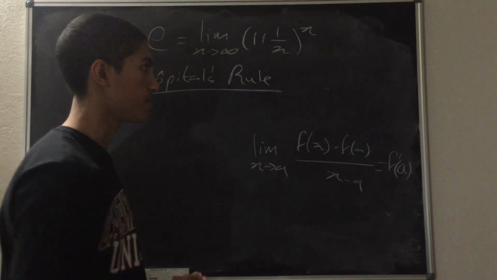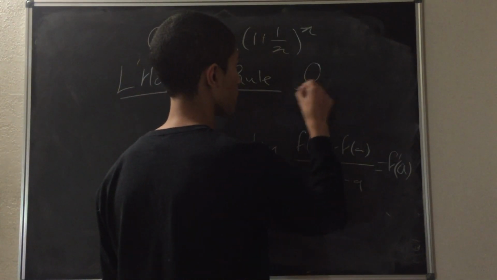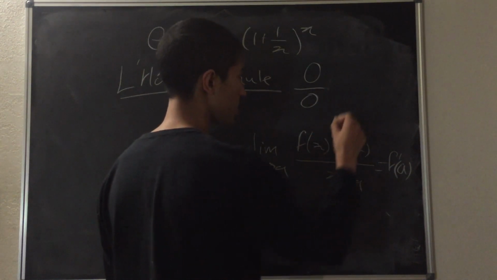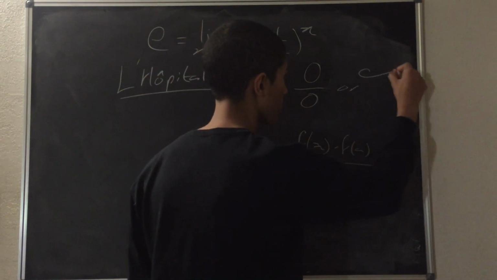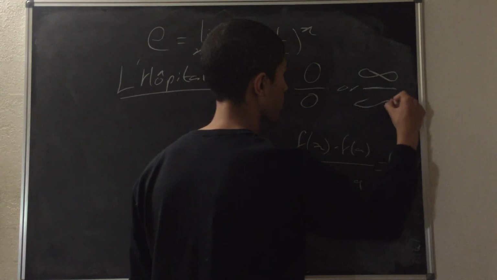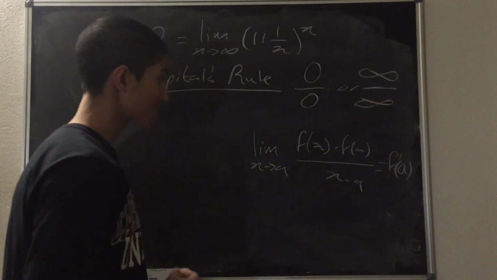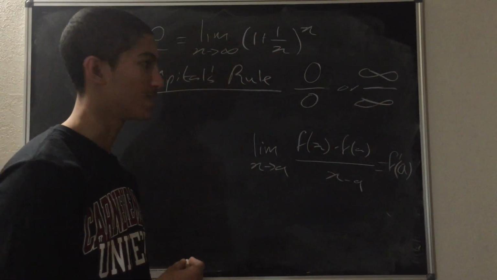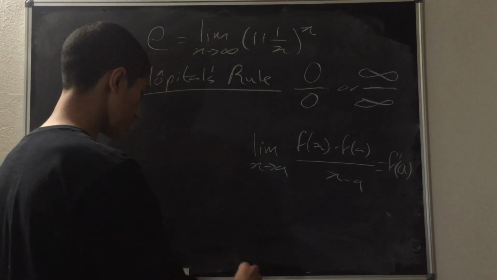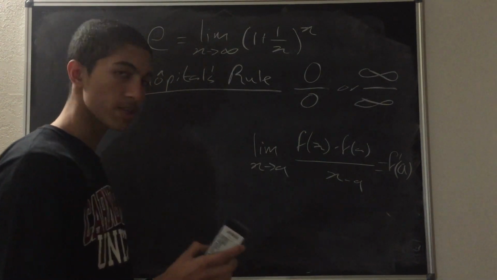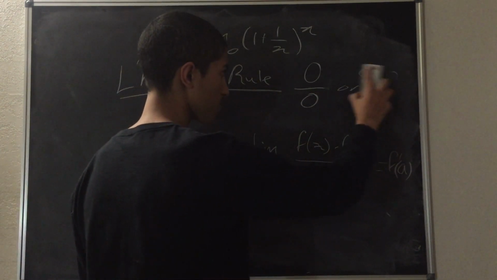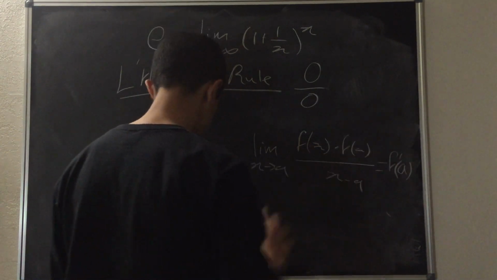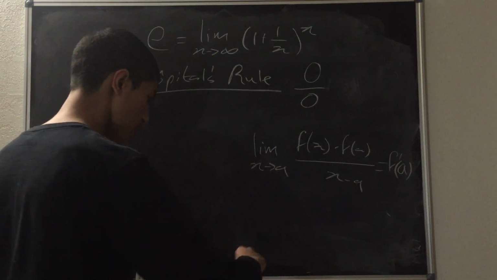They're called indeterminate forms, which turn out to be things like 0 divided by 0, or infinity divided by infinity, which look very interesting but are very hard to determine. Today I will be proving L'Hopital's rule only for the first case, which is 0 by 0, so let's forget about infinity by infinity for a minute.